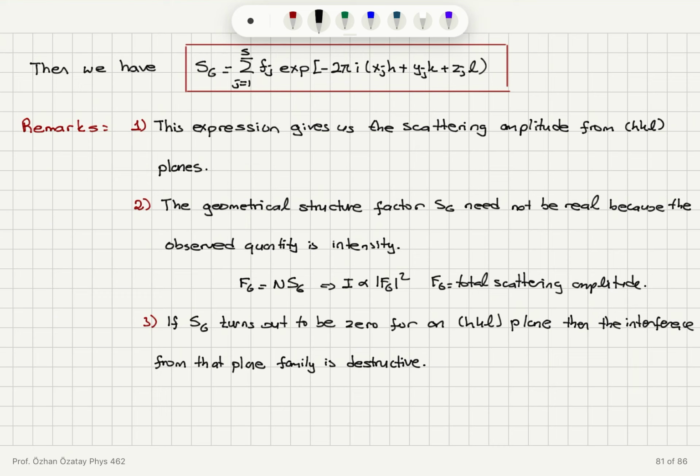And if we find that the value of the geometrical structure factor is 0 for a certain HKL plane, this implies that the interference from that plane family will be destructive. So there will be no diffraction peak coming from the scattering from that plane, because there will be intervening planes that will cancel out the diffraction.